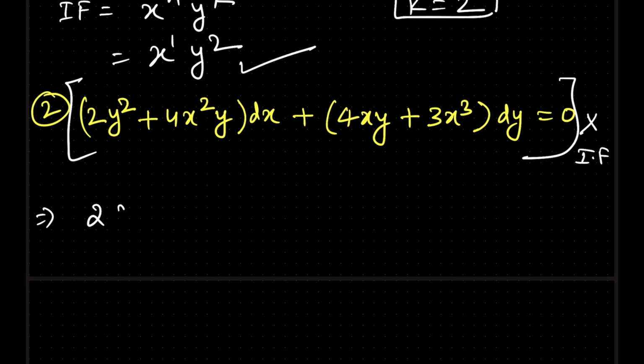So multiplying this, you will get, first term will become 2x y to the power of 4, because here you are having y squared.